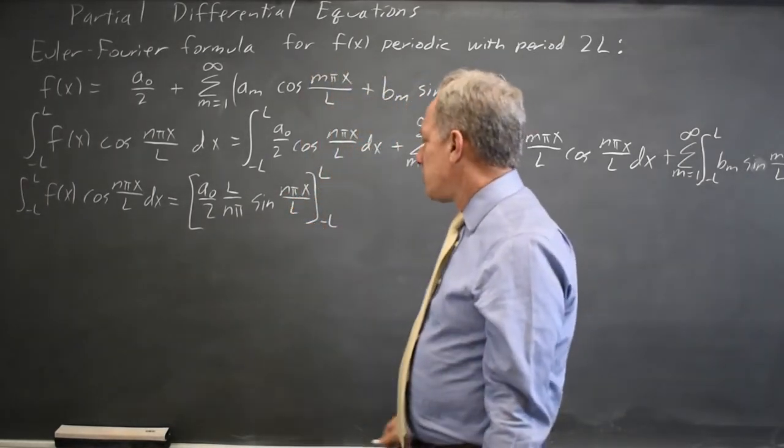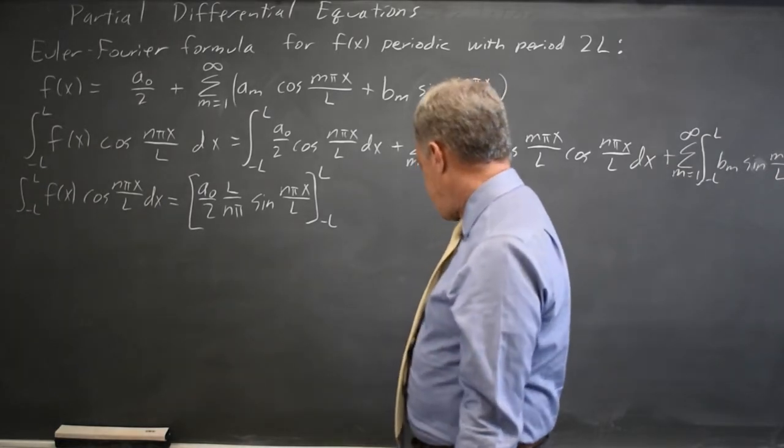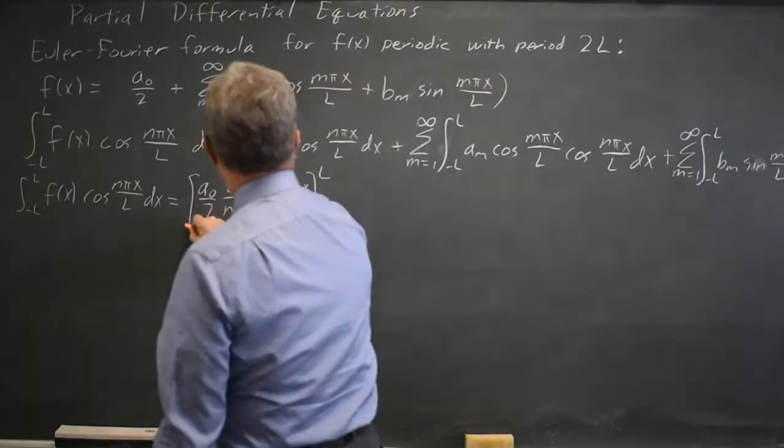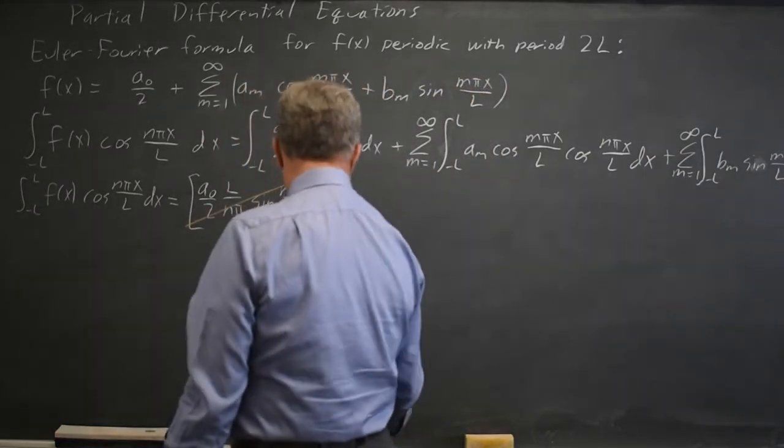Sine of n pi times negative L over L is sine of negative n pi, which is also 0. So this term is 0.